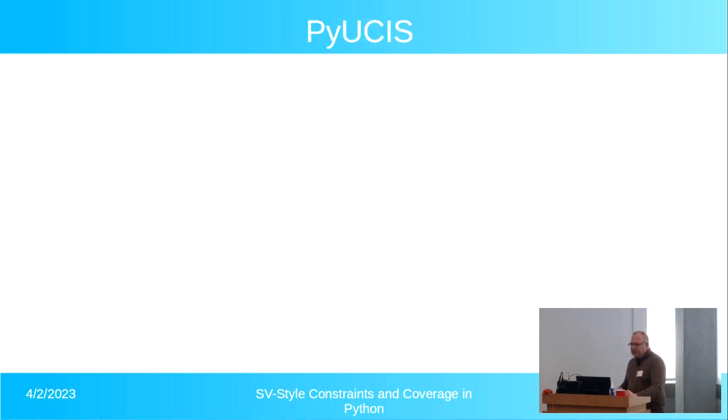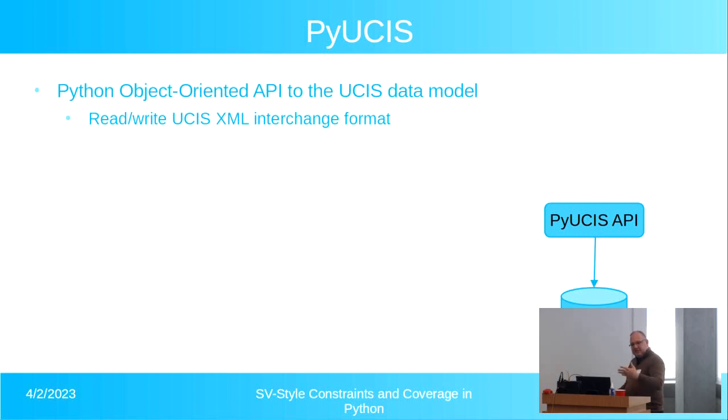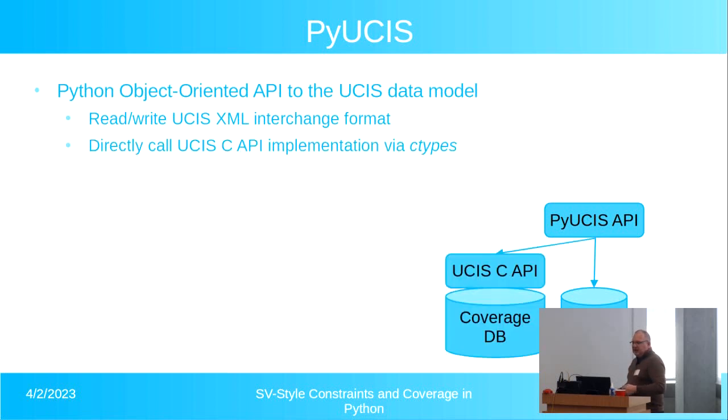Okay, so this is the companion library to PyVSC, PyUCIS. It provides a Python object-oriented API to the UCIS data model that is defined in the standard. It also provides a way to read and write the XML interchange format. If your vendor happens to provide, let's say, a shared library with a C API to access UCIS data, it provides an interface to that via the Python ctypes module.